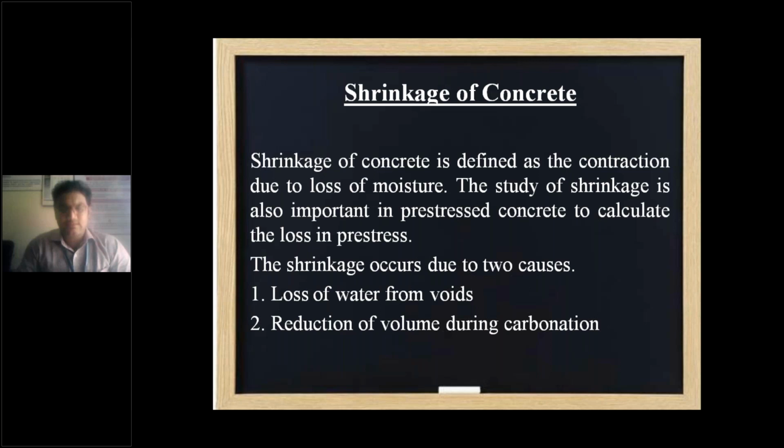Slab. So you can find a lot of shrinkage in a slab. Why? Because a slab is cast with a huge surface area, right? So when you cast an element with a huge surface area, there will be a huge loss of moisture, which contracts the concrete.